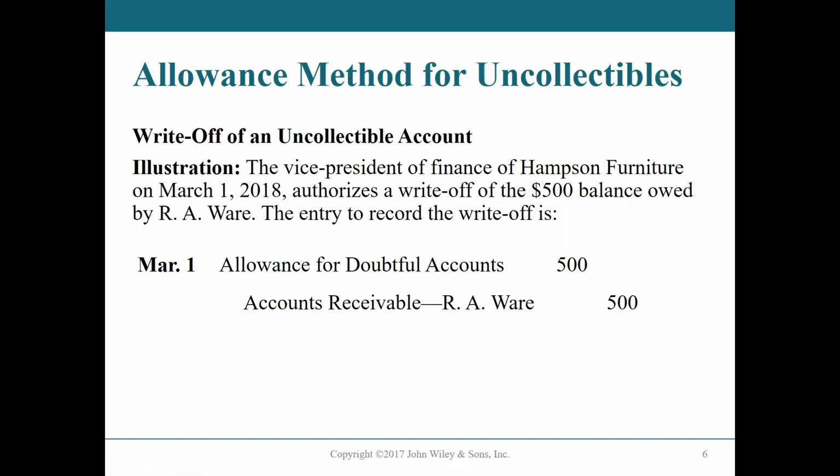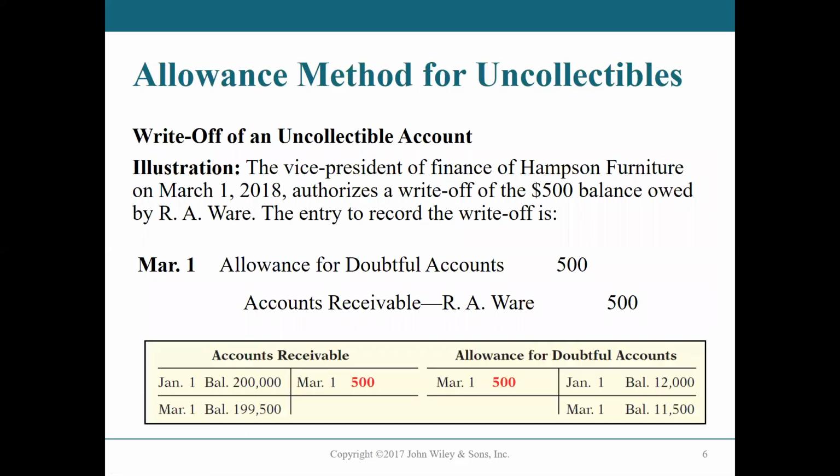Our accounts receivable is going to decrease, and our allowance for doubtful accounts is also going to decrease. I made a mistake in what I said, so I'm not repeating it. I like to pretend that I'm perfect and never make mistakes.